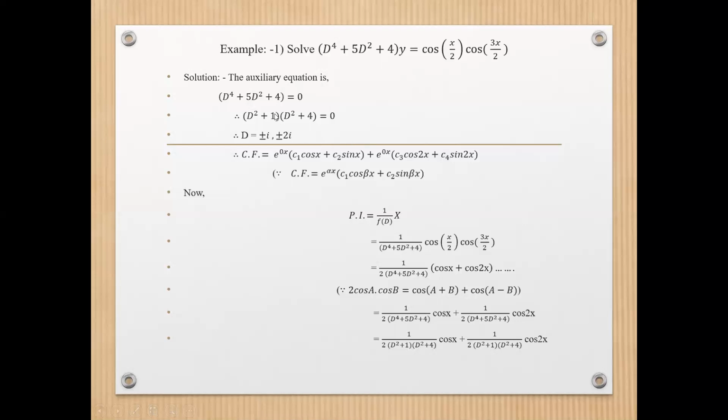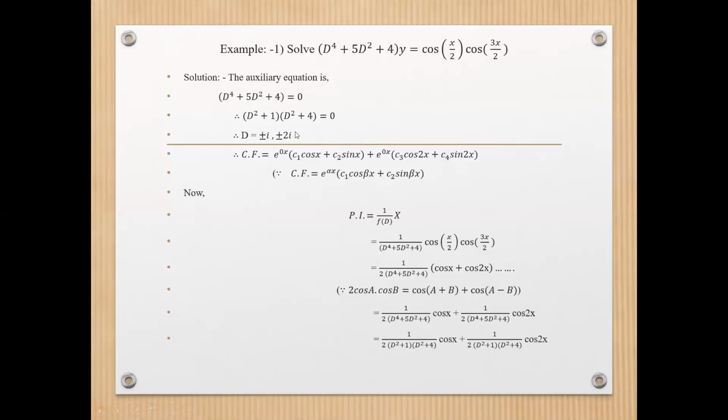Okay, the product of these two terms is 0. That means either D square plus 1 is 0 or D square plus 4 is equal to 0. D square plus 1 is 0 gives D square equal to minus 1, which can be written as i square. So D is equal to plus minus i. From this factor, we get roots plus minus i.